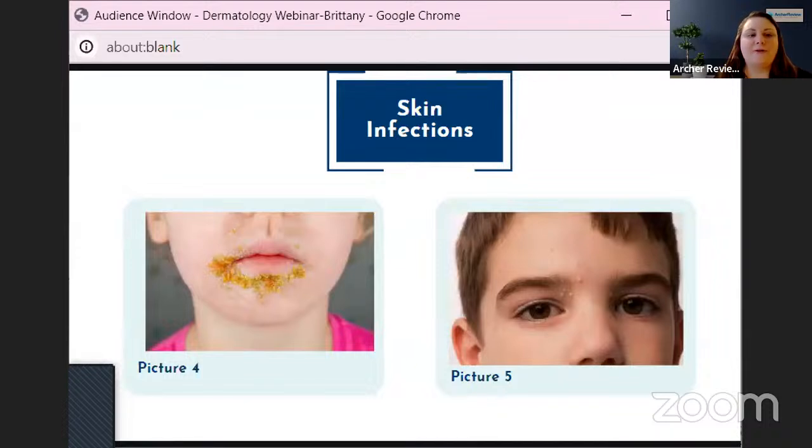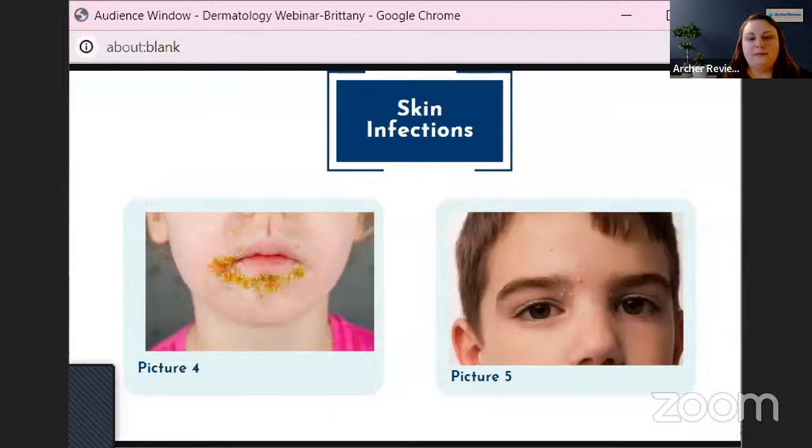They love to put those questions on there and say honey colored crust or skin flaking, things like that. This is just a localized strep or staph infection, usually the culprit. These are going to be treated with topicals such as mupirocin or any other antibiotic that treats skin, like Bactrim, clindamycin.